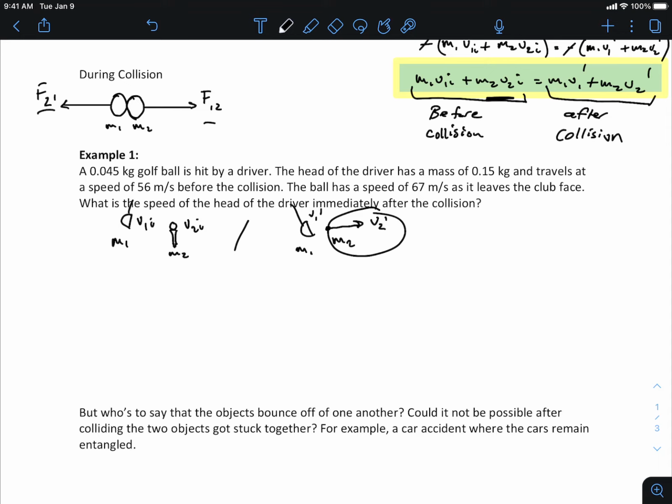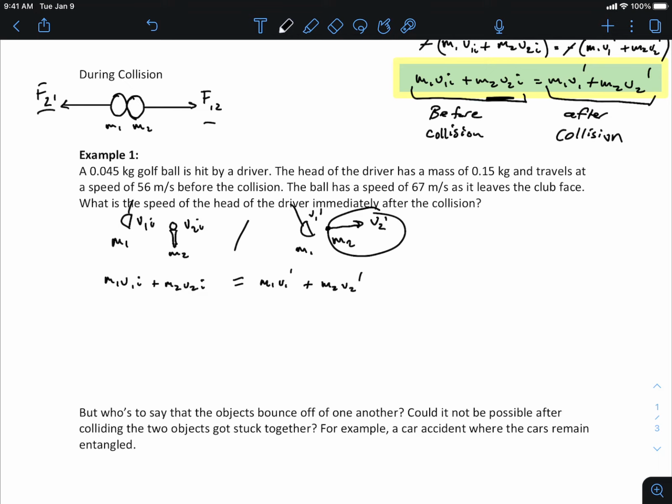So anyway, that's that. Now we can actually, the little slash means basically an equal sign, right? And we know now M1 V1I plus M2 V2I has to equal M1 V1 prime plus M2 V2 prime. This is your conservation of momentum law.